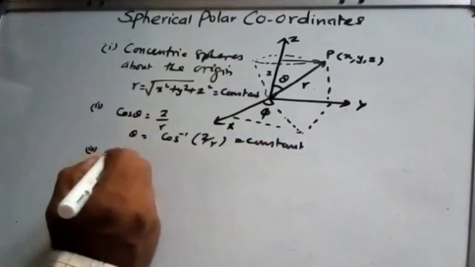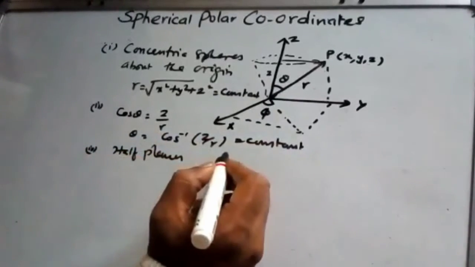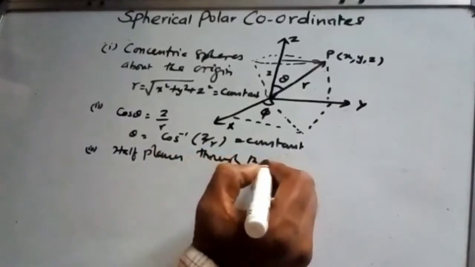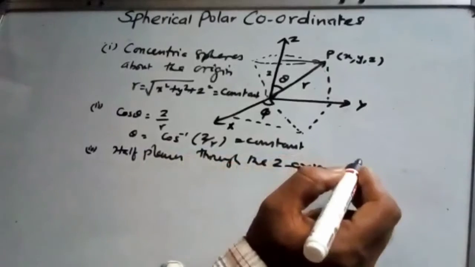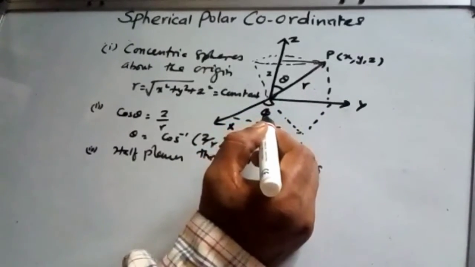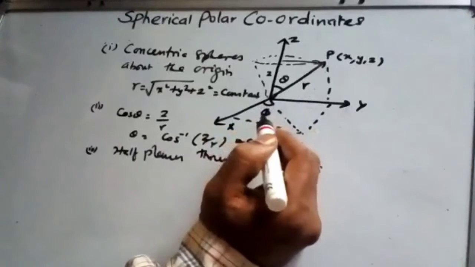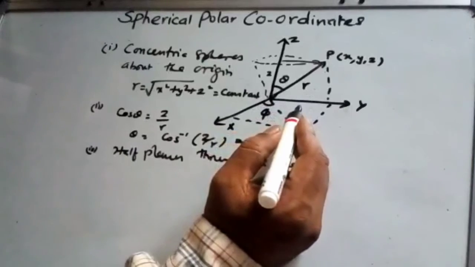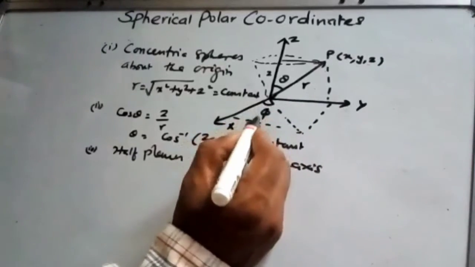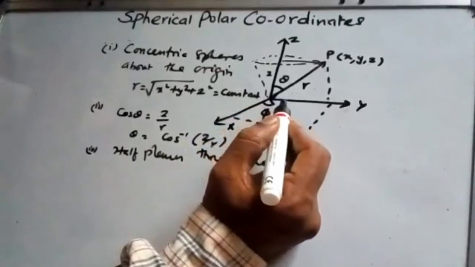Next one is half planes through the z axis. So this is the azimuthal angle phi, that is the angle between the positive x axis and the xy plane. From this we can get the opposite side and the adjacent side.